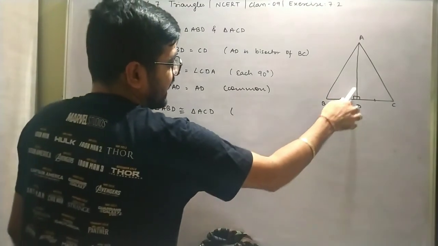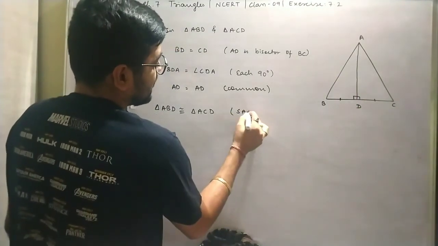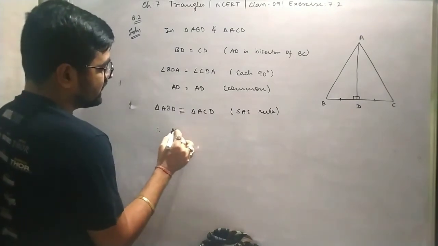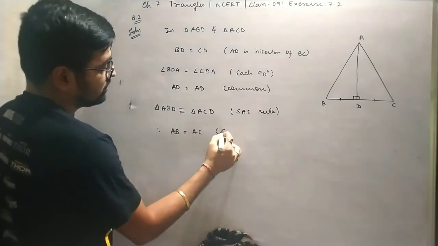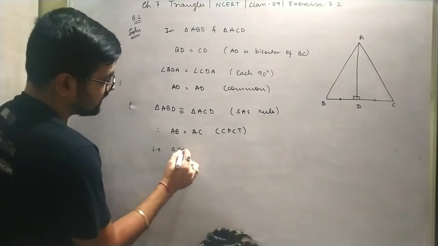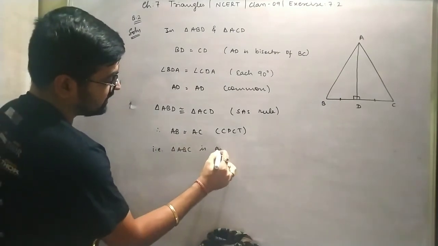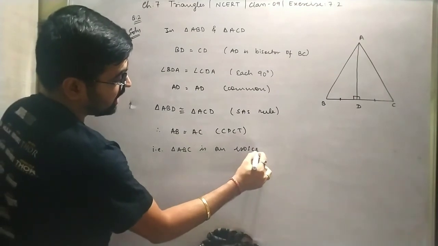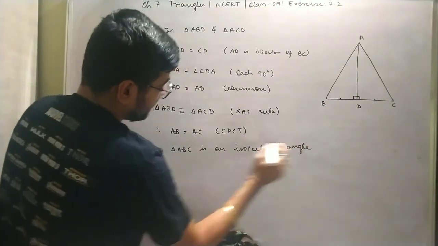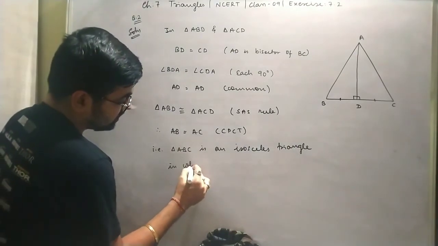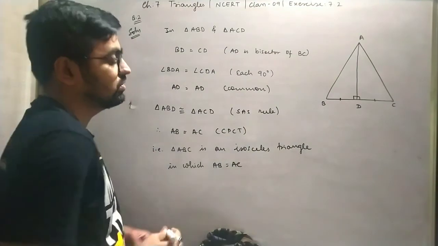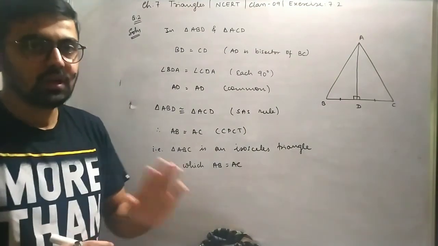Side, angle and side, by SAS rule. Correct? And therefore I can easily say AB equals to AC by CPCT. That is, triangle ABC is an isosceles triangle, correct, in which AB is equal to AC. Are you getting it?